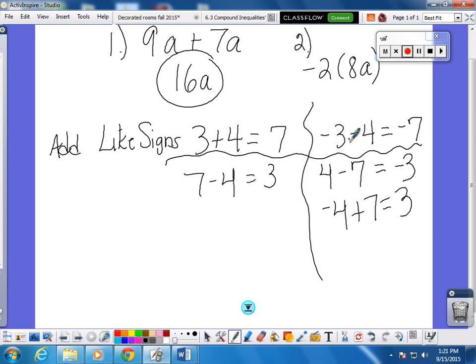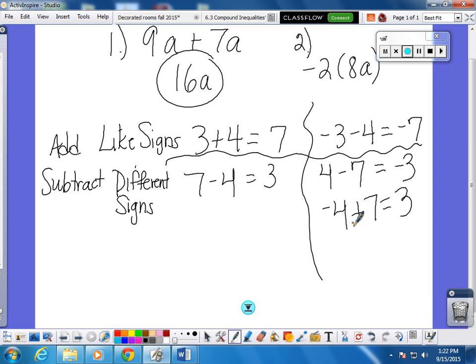All right, now down here, I did some subtracting, okay? Why did I subtract? Because they had different signs. It didn't matter which number was positive and which number was negative.